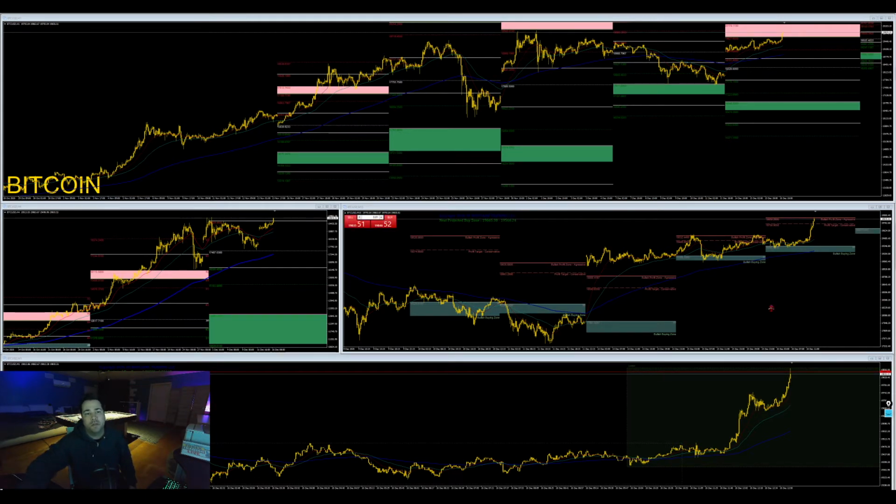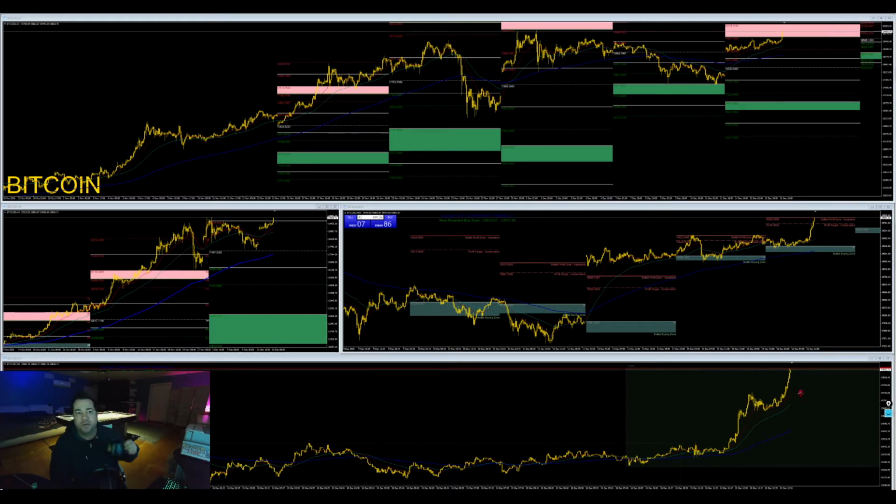Interesting right now is we're really close to the all-time high. Bitcoin doesn't really respect pivots as much as Forex does, though.